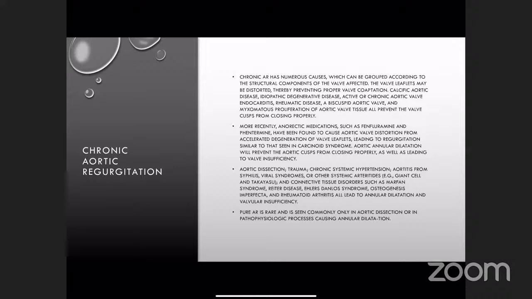Causes include aortic dissection, trauma, chronic systemic hypertension, aortitis from syphilis, or other systemic arthritis, giant cell and Takayasu arteritis, and connective tissue disorders such as Marfan's syndrome, Ehlers-Danlos syndromes, osteogenesis imperfecta, or rheumatoid arthritis, all of which lead to annular dilatation and valvular insufficiency.